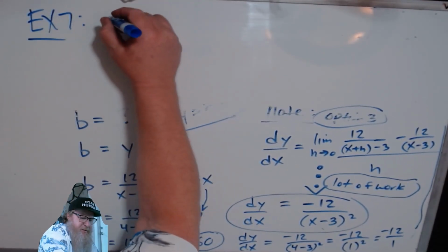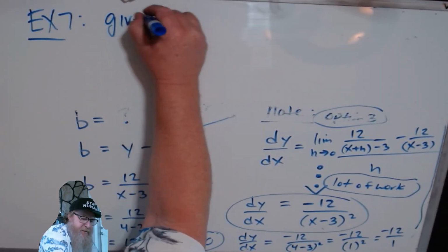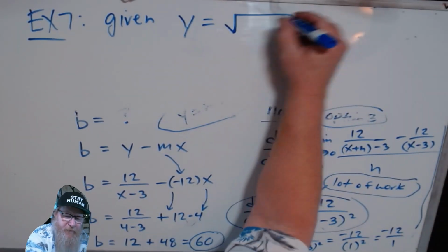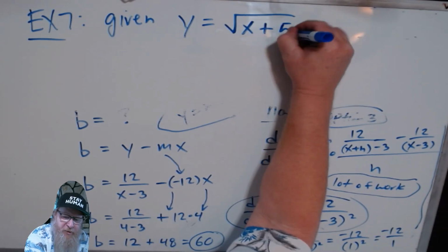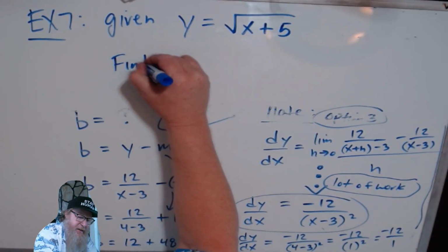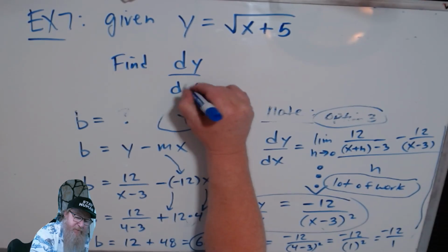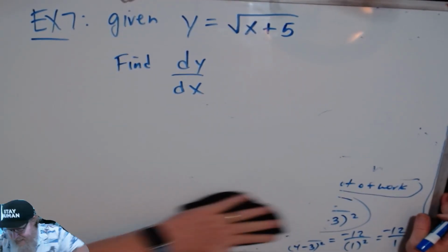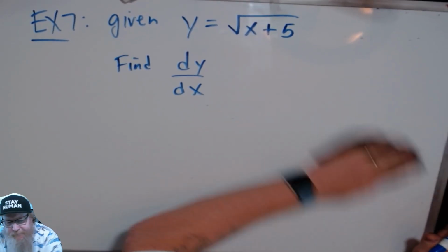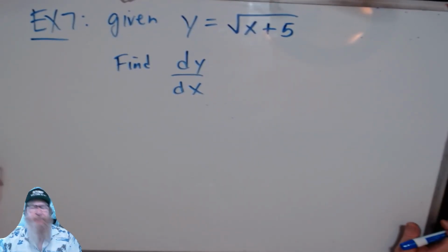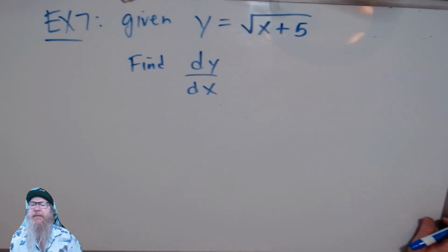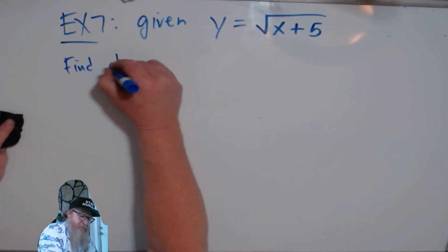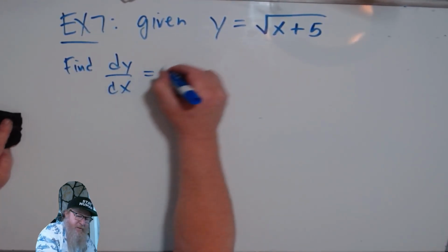So example 7, given, let's do a nice square root function. We haven't seen one of these today. Just find the derivative dy/dx. All right, and that should do it for today. Give myself some room here.